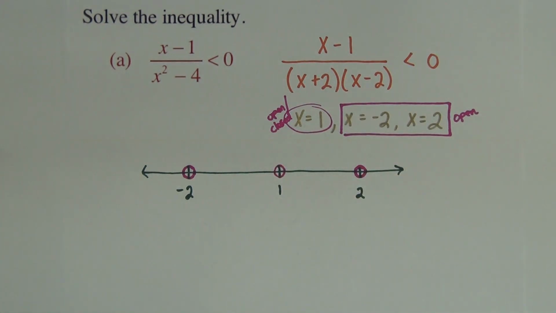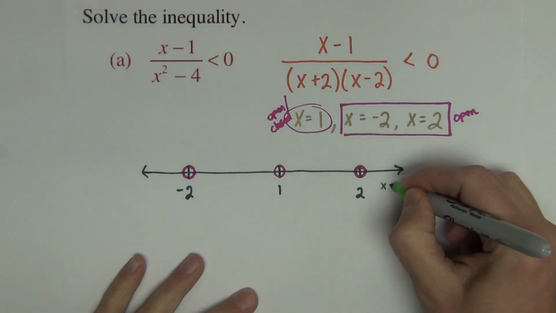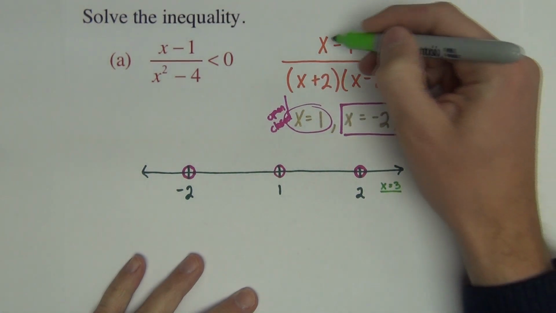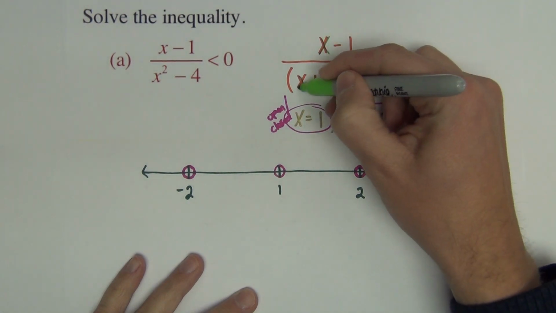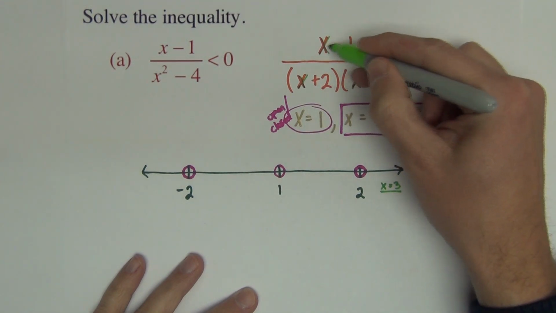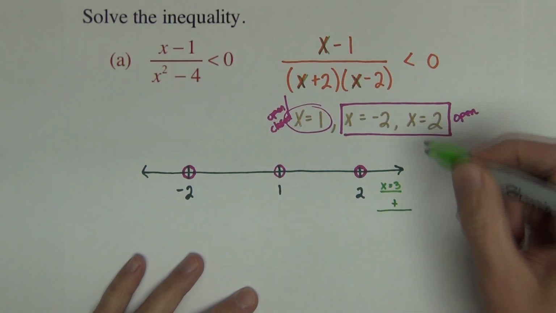And now I'm going to do a sign chart analysis to determine where I'm going to shade on this number line. For example, if I pick any number out here bigger than 2, say I pick x equals 3, and I substitute that 3 in for all the x's. So it's going to be 3 minus 1, which is a positive number.